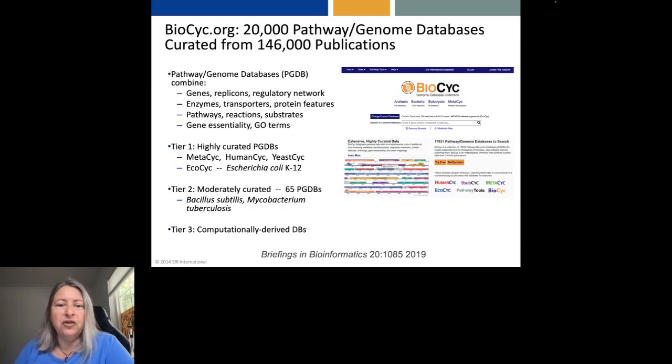And we keep adding new ones to this collection as we curate them. And then the vast majority of databases are purely computationally derived based on our own pipeline. So there, it doesn't contain as many citations back to the original literature. Well, much is not known about these anyway.